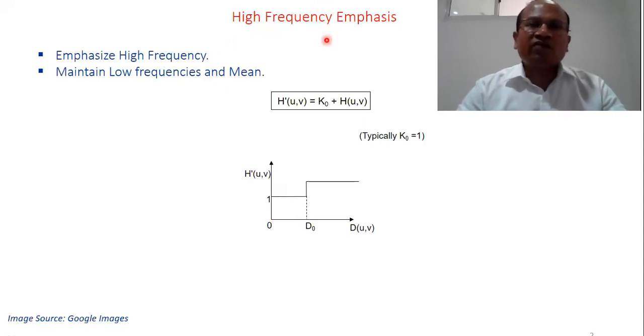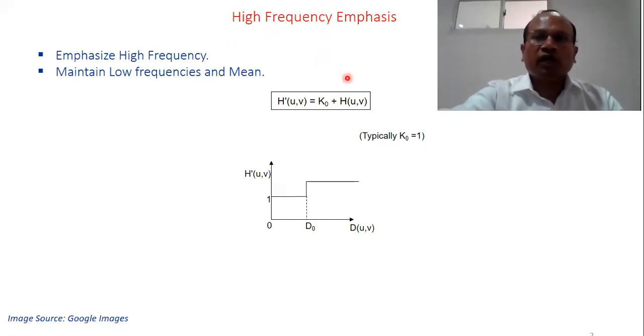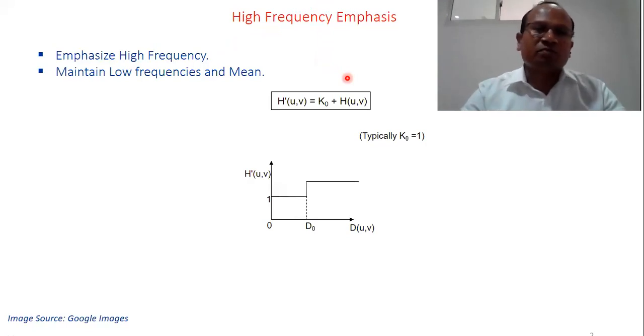So how is this high frequency emphasis different from high pass filter? In high pass filter, high frequency signal is allowed, low frequency signal is rejected. Whereas in high frequency emphasis system, high frequency is emphasized.